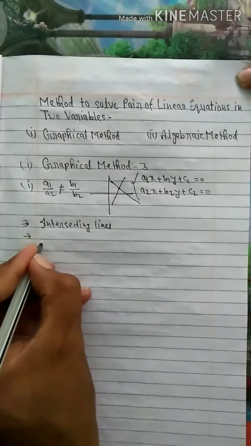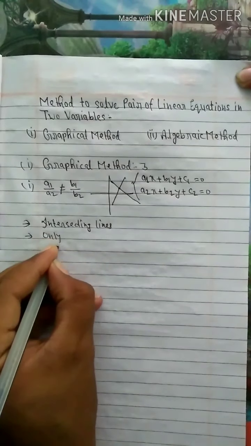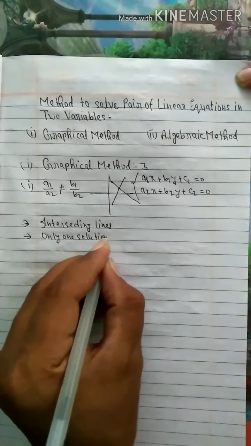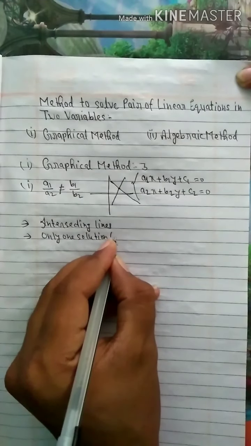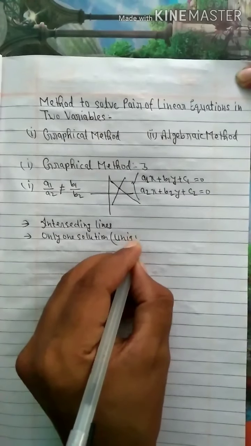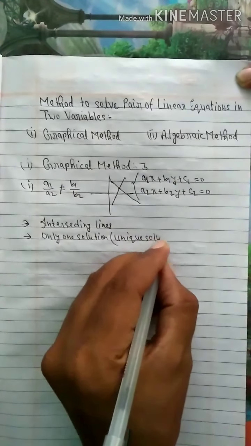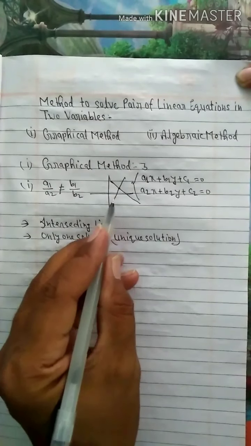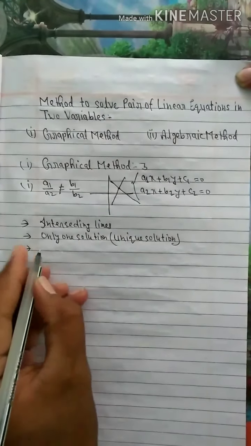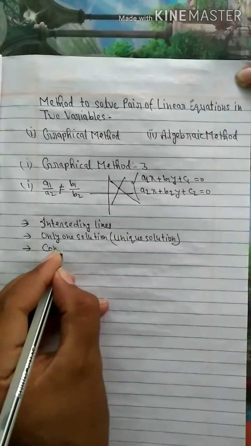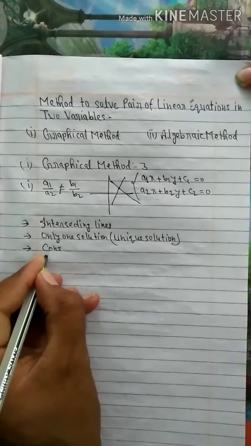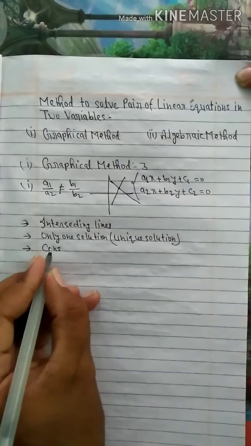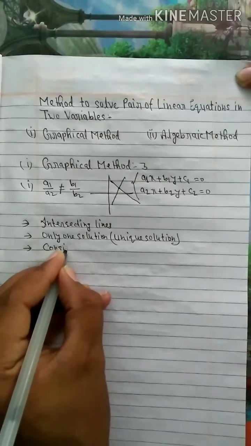So now the second point: only one solution is also called a unique solution, and such type of equations are consistent. यानी इस तरह की इक्वेशन जो हमारे होते हैं वो कॉन्सिस्टेंट होती है. यानी जिस इक्वेशन के हमें सॉल्यूशन मिलते हैं उस इक्वेशन को हम कॉन्सिस्टेंट बोलते हैं.